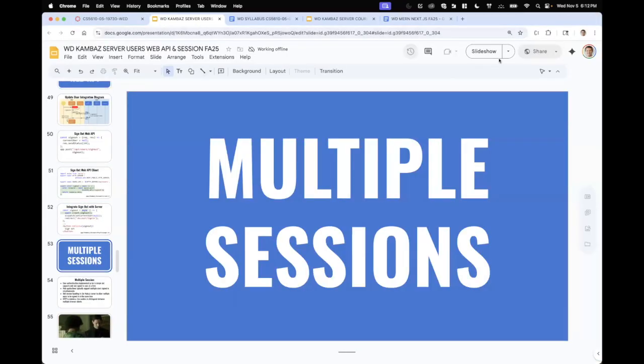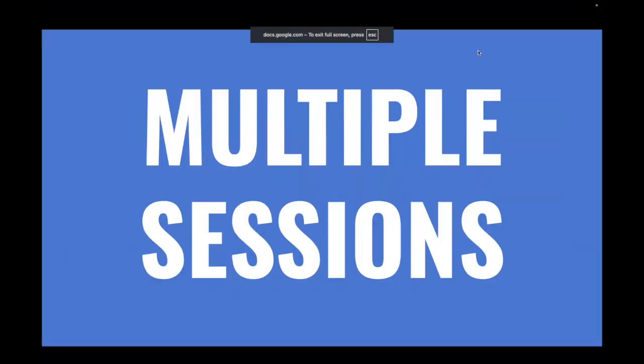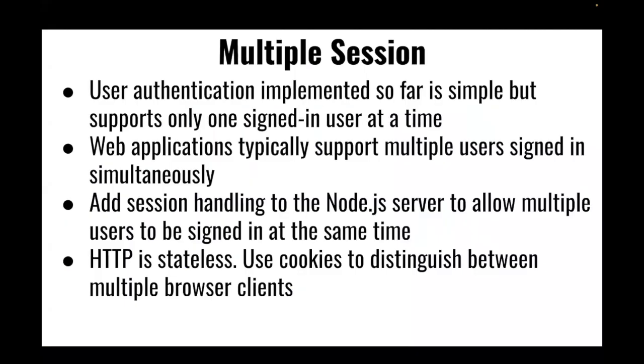All right. Let's talk about multiple sessions. As you might have noticed, we only have one current user variable in the server, and so that means that we're only ever having one single person logged in at any one time.